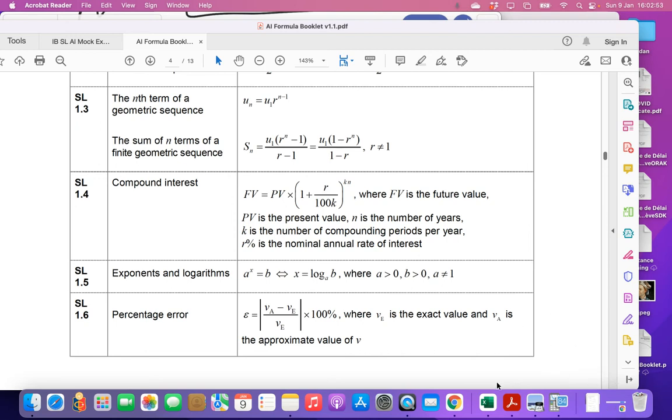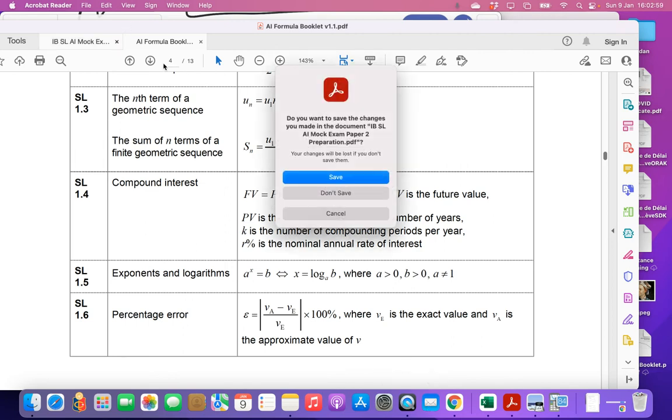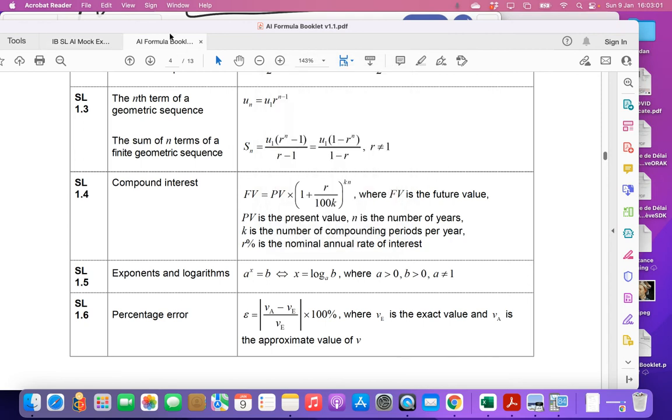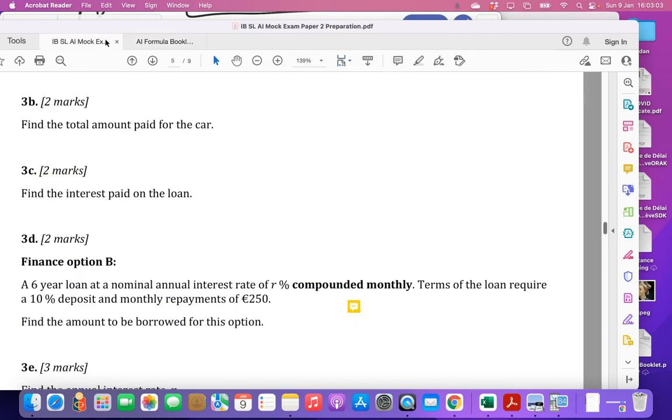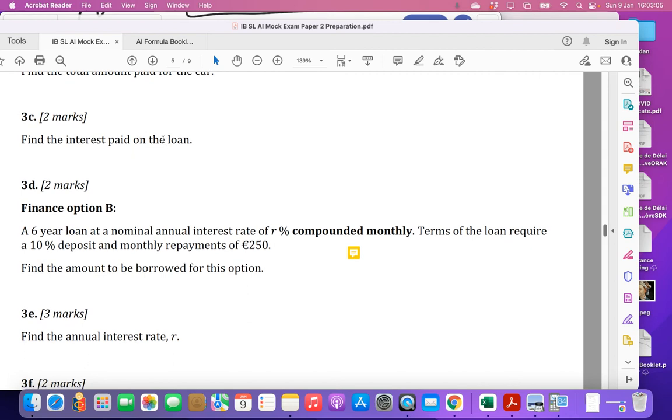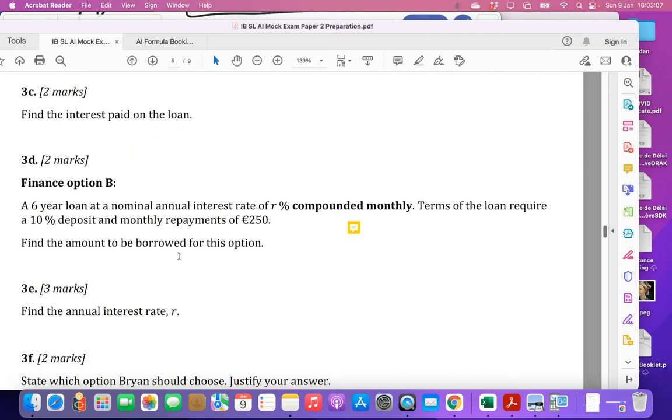Okay, so let's stick with the TVM Solver on these questions. Again, try and show our calculator input. Again, no room here on the question paper. I got to put this down in my answer booklet.